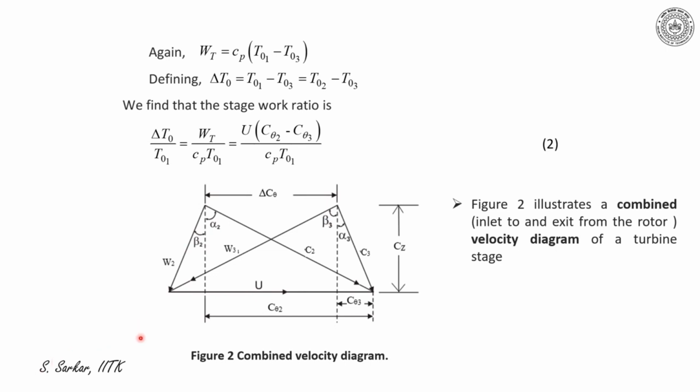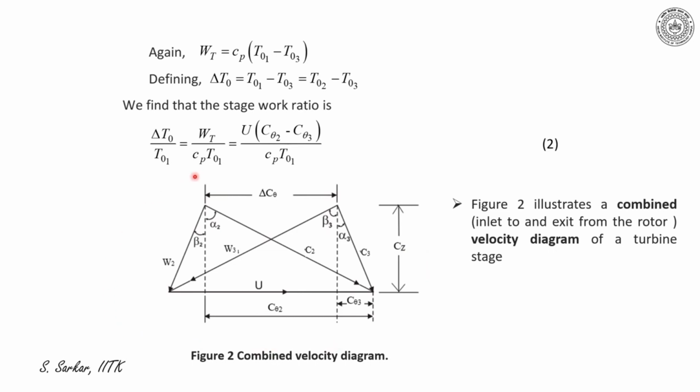Furthermore, please note that C theta 2 and C theta 3, being in the direction of rotation, are treated here as positive. Del C theta is the difference between C theta 2 and C theta 3. Cz is the axial component of C in the direction of Z, and here the axial velocity component Cz is treated as almost constant as the flow passes through the stage.